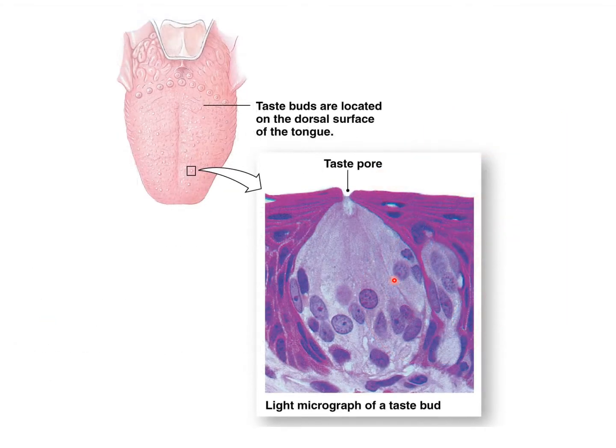Used to be that they thought that different types of taste buds were found on different parts of the tongue, but that doesn't seem to be as true when looking at the cells at a deeper level. What we can see is that there are different kinds of taste receptors in individual taste buds. And so let's take a look at that a little bit closer.